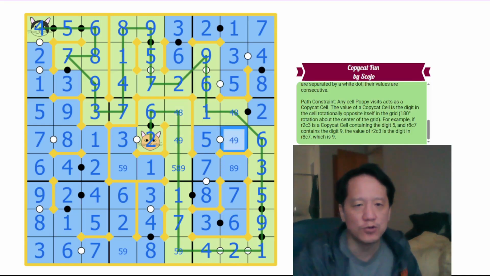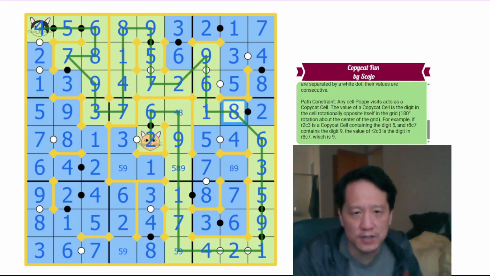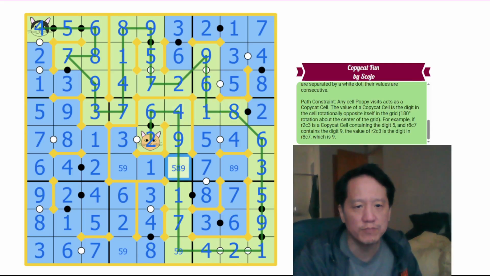This has to be a 4 to be consecutive, which makes this 9. 4 eliminates 4 here, so this is 8, which eliminates 8 here, so it's 4. This 9 eliminates 9 here, so it's 5, which means this can't be 5 or 9, it's 8, which means this can't be 8, that's 9. 9 eliminates 9 here, so that's 5 and 9.